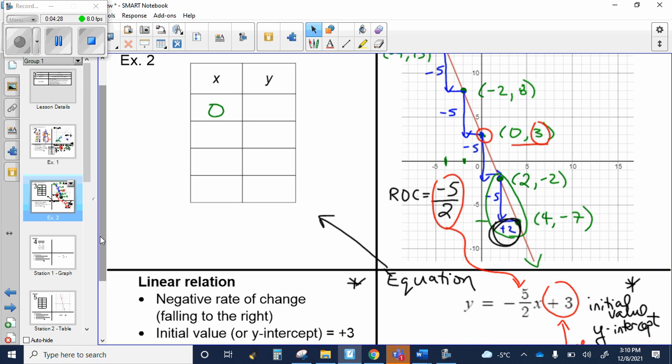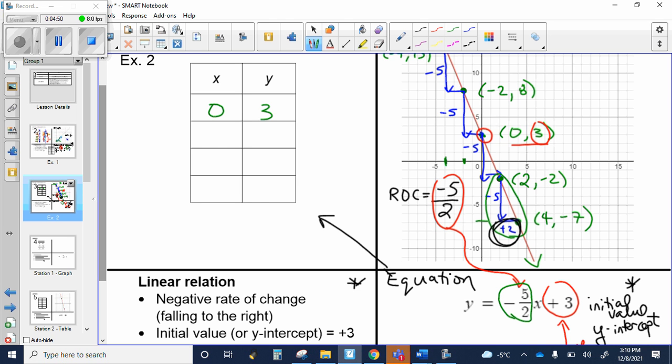And when x equals 0, in this case, y is positive 3, because that is the y-intercept. Now what we can do from there is look to our equation and use the rate of change, which is negative 5 over 2.